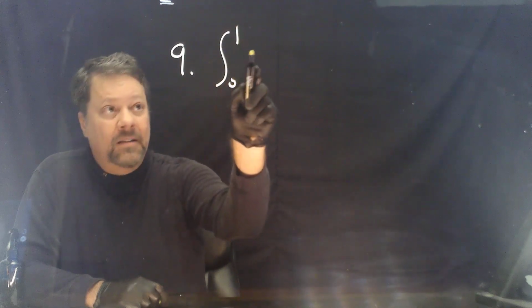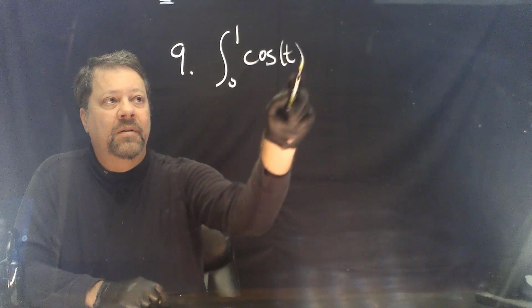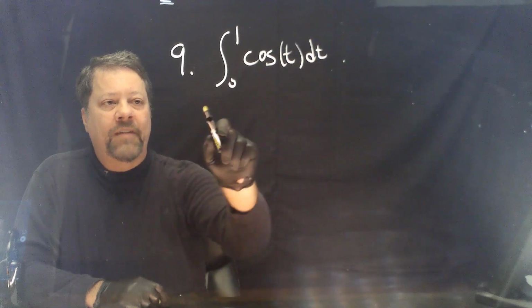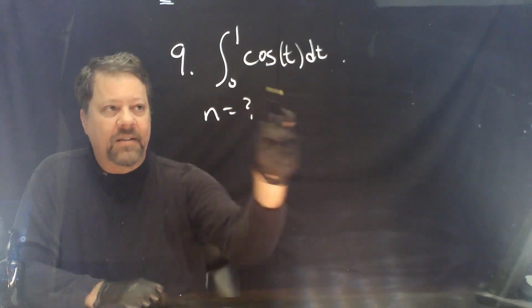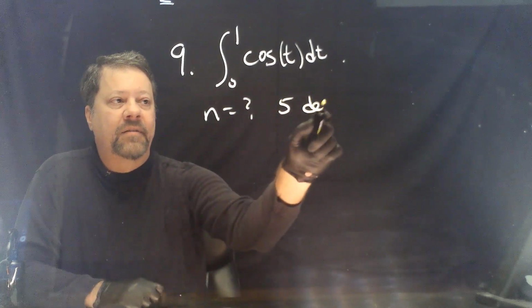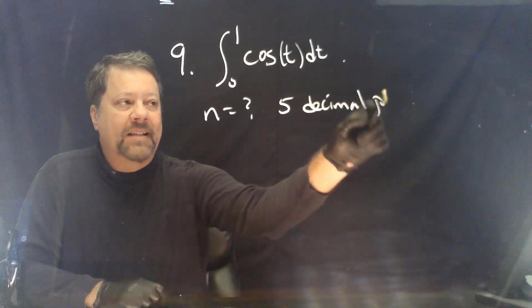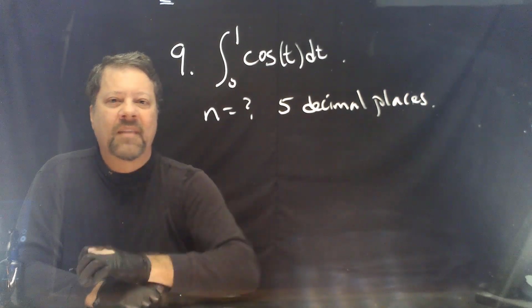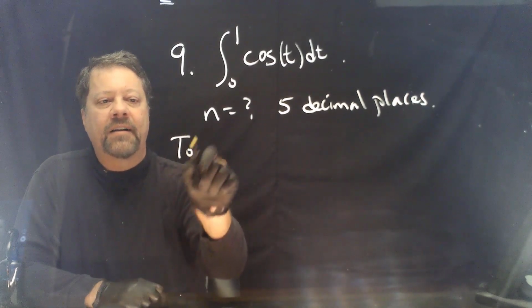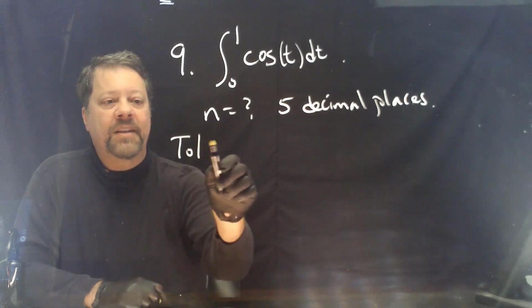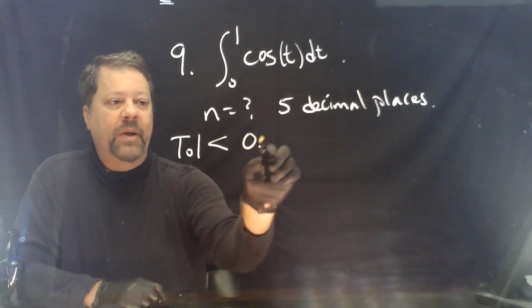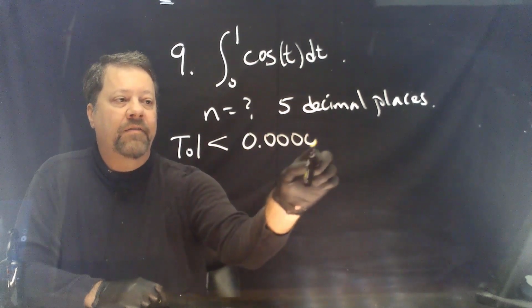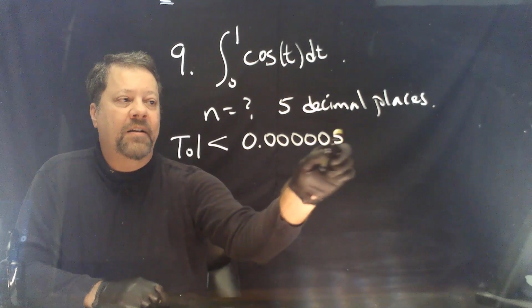On problem 9, I'm asking you what value of n should you use to estimate this integral to 5 decimal places, so that your tolerance for error should be something smaller than 0.12345, and then no more than a 5.